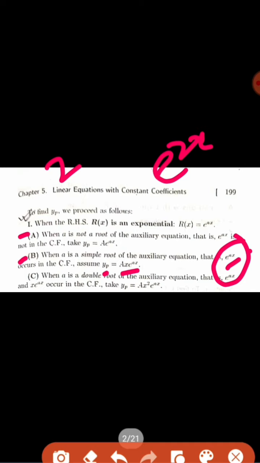You know, CF will contain e to the power 2x, which is a repetition. In that case you have to take YP as capital A x e to the power 2x, that is, you have to multiply an x with e to the power 2x. And obviously capital A will be available.